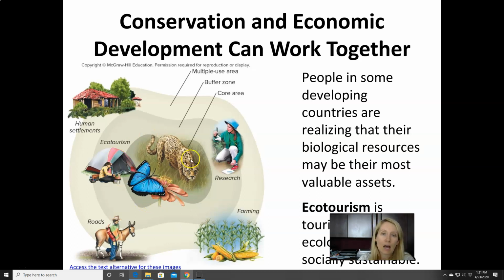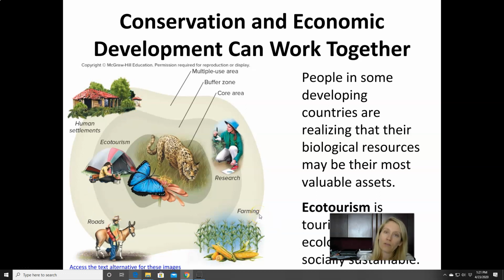So what if we set up a reserve where we don't allow human activity, but we encourage research and ecotourism to come in, and we very much limit how much is there. And of course, ecotourism brings in money, it brings in local dollars. You get the local people involved in that ecotourism, you have them be a part of it. On the outside of that, those people could have their settlements, and then on the outside of that, you could have different uses like farming, for example.